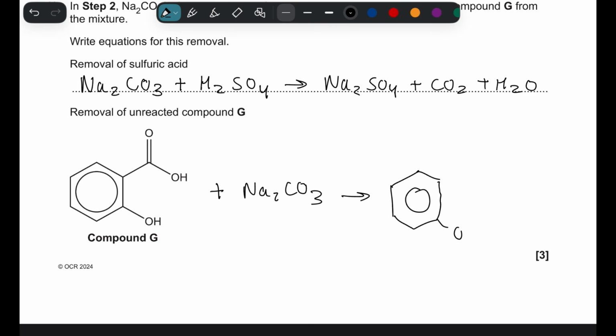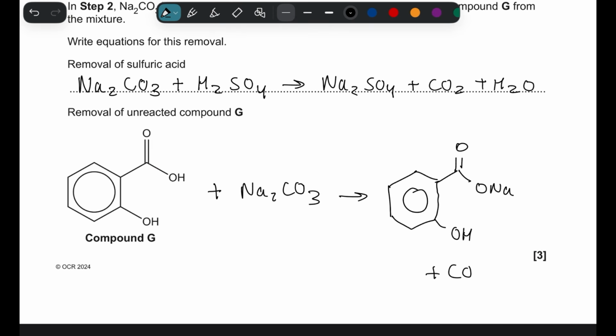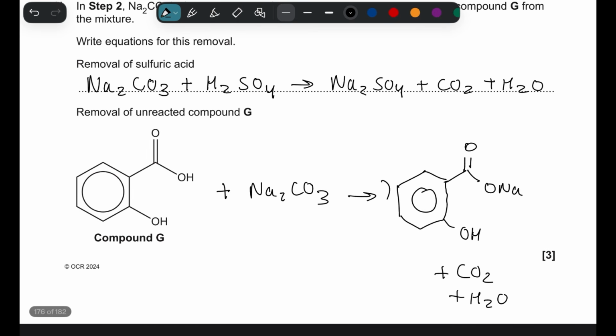Like we said, it's going to react with this, so we're going to deposit our sodium onto here, ONa, plus CO2 plus H2O. Only thing now is that we had 2 sodiums in the reactant, so we must have 2 in the products. So we need to add a 2 here, probably a 2 there, and then I think that will be balanced. So that's fine.